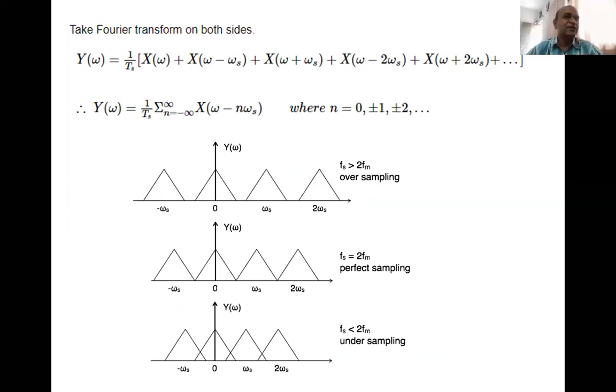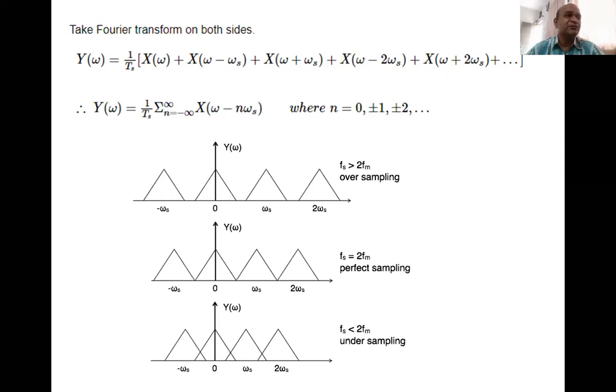So here, if you take all these terms, you can find Y of omega is equal to 1 upon Ts summation of n equal to minus infinity to infinity X of omega minus n omega s.